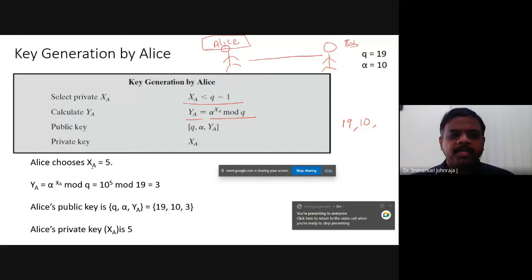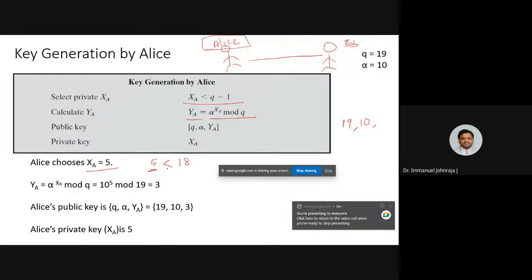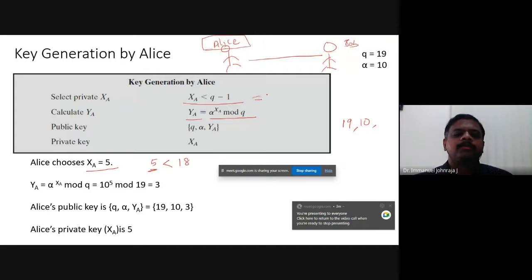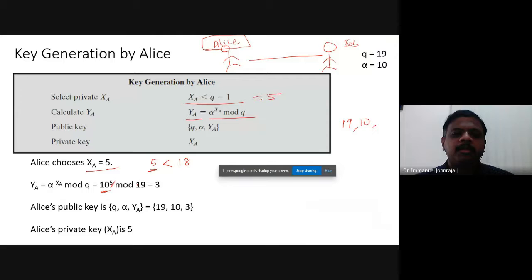So 5 is less than 19, less than 18. So she chooses 5, which is x_A. And she calculates y_A. y_A is alpha power x_A mod q. Alpha is 10, so 10 power 5 mod 19 is 3, and y_A is calculated as 3.